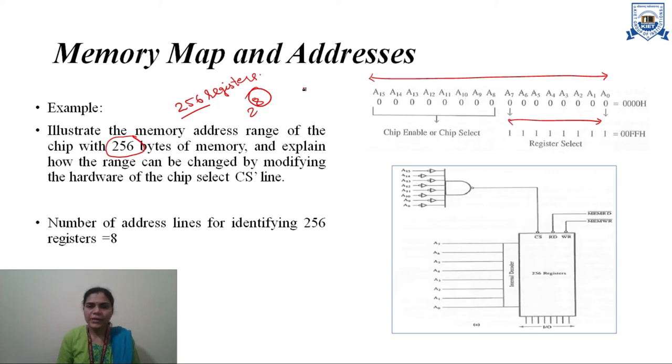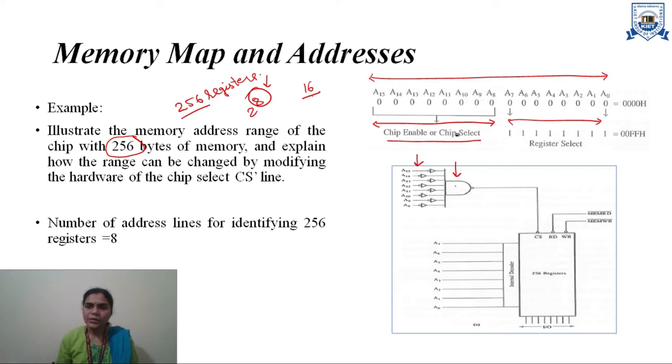And if we have 16 address lines, and out of these we are using 8 address lines for identifying registers, then the higher 8 address lines will be used for chip selection. Chip selection hardware will be configured with the help of a NAND gate and inverters. So these 8 lines will be combined for chip selection with the help of a NAND gate and inverters.